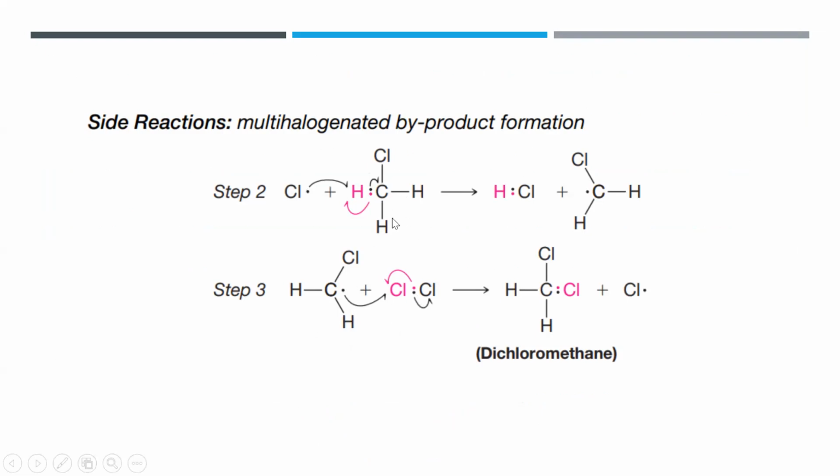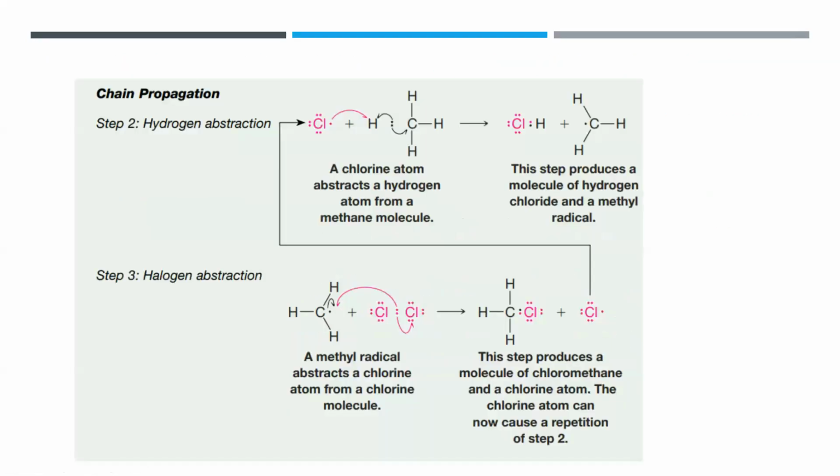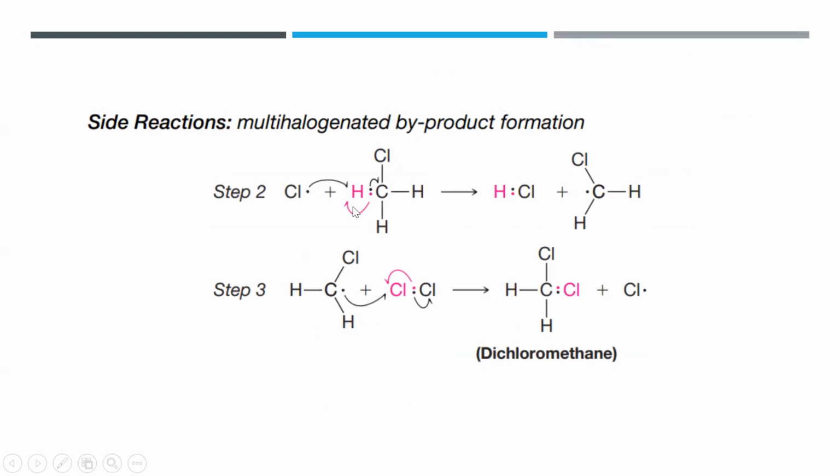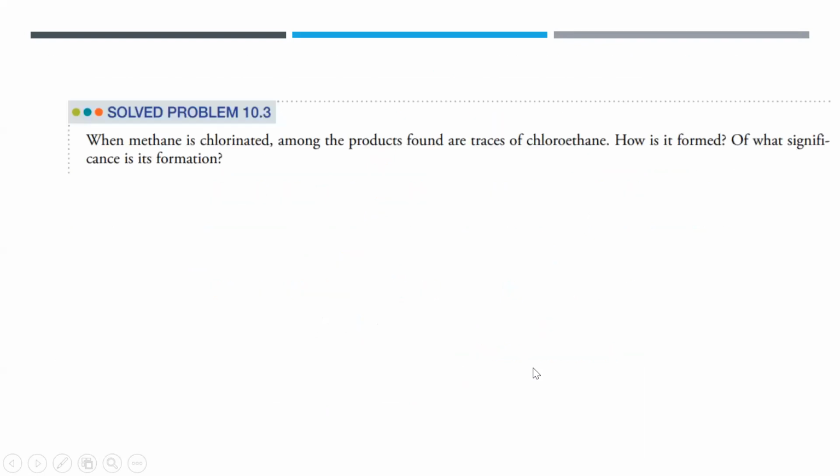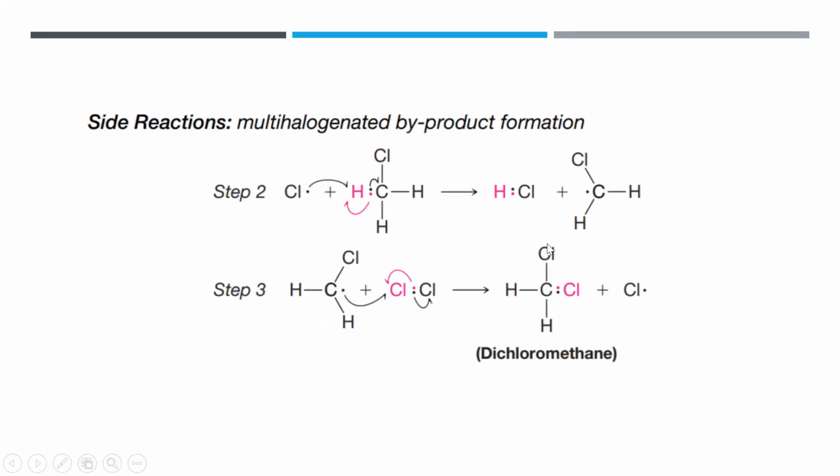Once you have your alkyl halide from step 3, it can further react with another radical to form an alkyl halide radical, and it further reacts with another chlorine to produce dichloromethane. The process can continue again and again, replacing hydrogen with Cl, until you substitute all the hydrogens. That's how the reaction occurs.